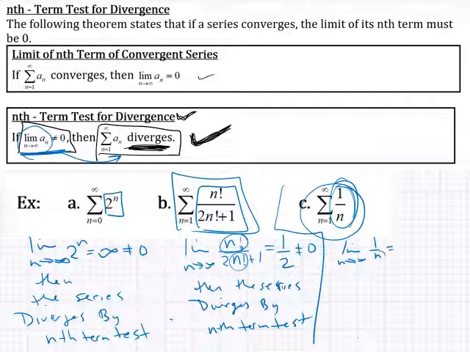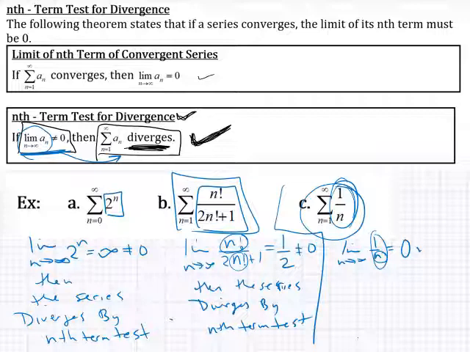As n goes to infinity, the denominator goes to infinity, so the whole thing goes to 0. Well, there's the problem. If the terms do go to 0, we don't know anything. The terms going to 0 does not guarantee convergence. Not going to 0 guarantees divergence, but going to 0 does not guarantee convergence.